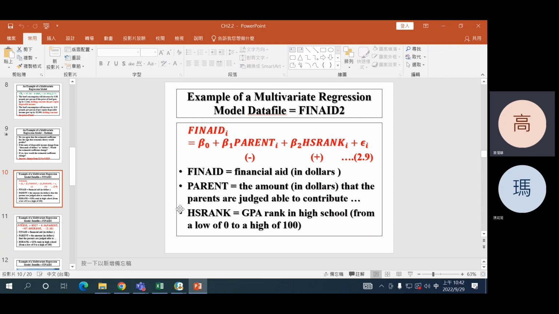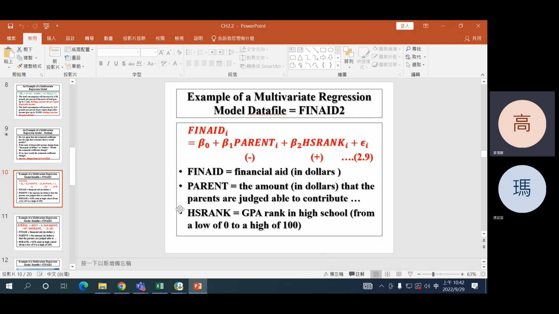Then they rank it from 0 to 100, and the smallest means low performance. If it is close to 100, it means high performance.